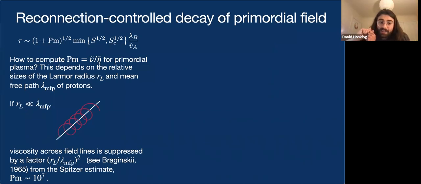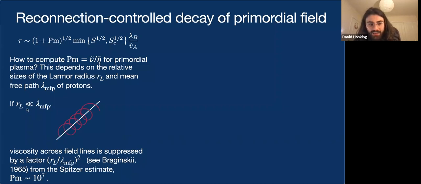In particular, the viscosity across the field lines is suppressed by a factor that's the Larmor radius divided by the mean free path squared. And that's so-called Braginskii MHD theory. And so there's a suppression from the Spitzer estimate.